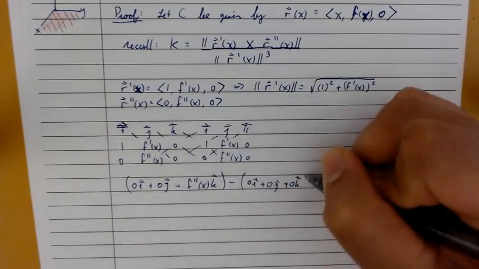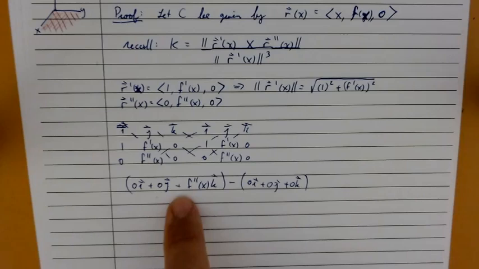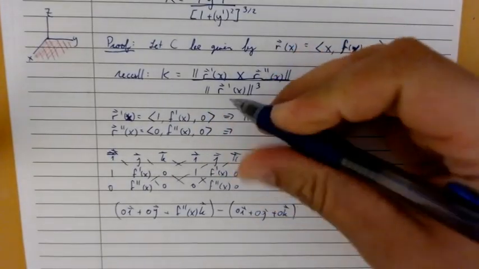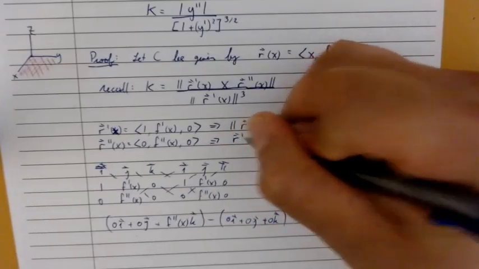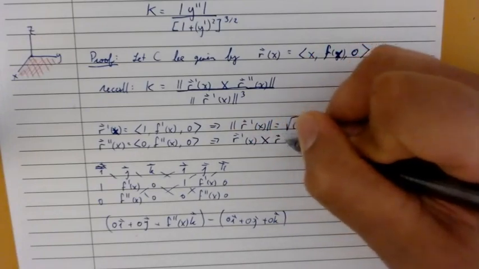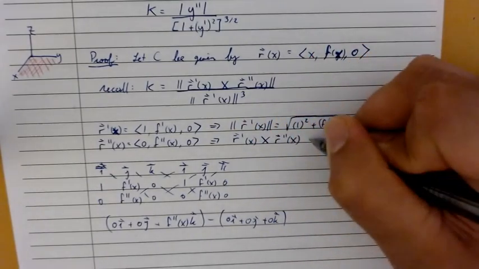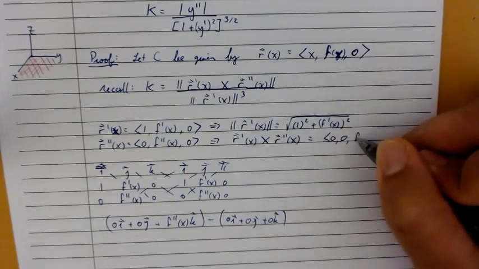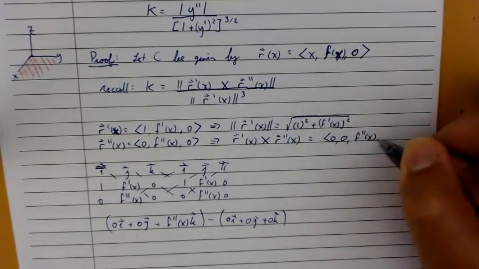Well, that was simple. There's only one component. It's going to be f double prime of x k. Okay, so then here we get that r prime of x crossed with r double prime of x is nothing more than 0, 0, f double prime of x.